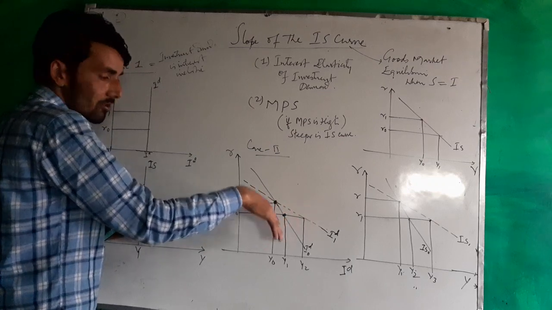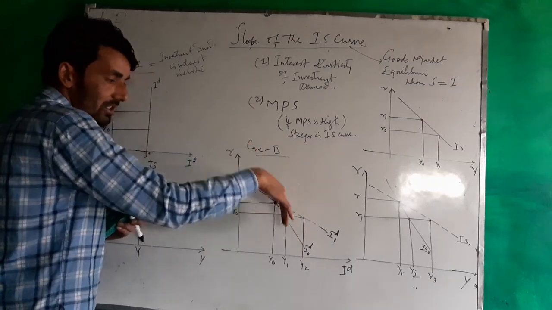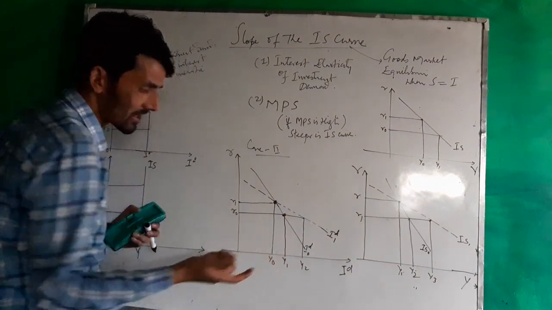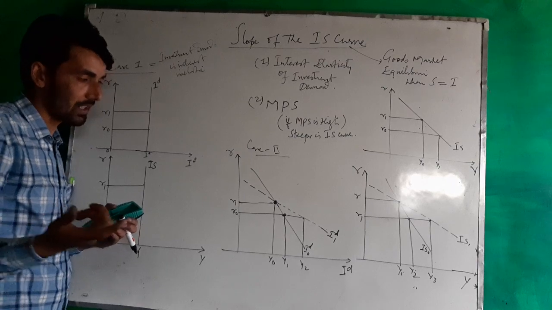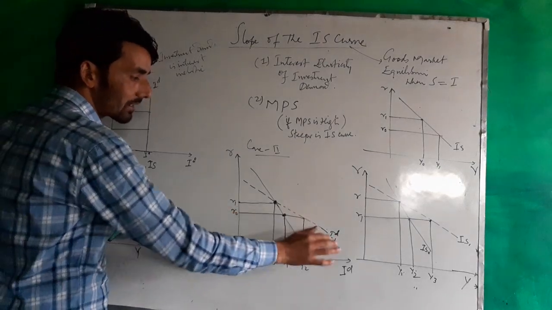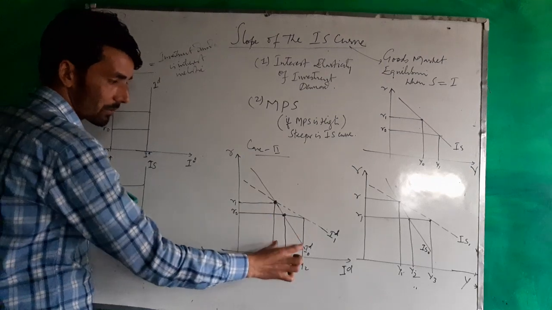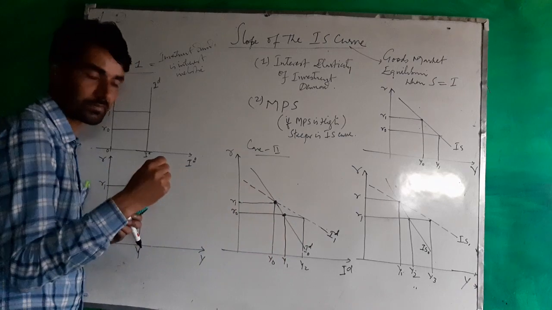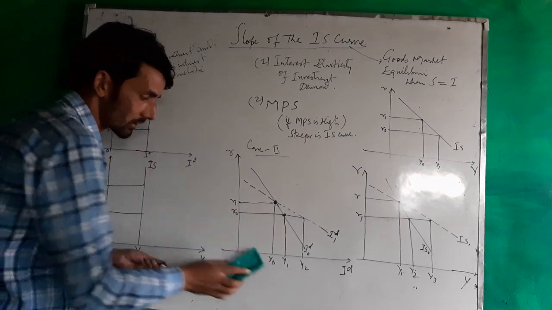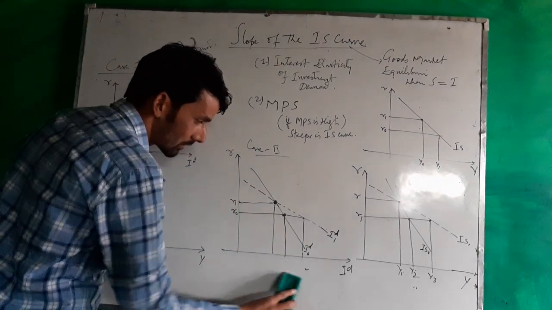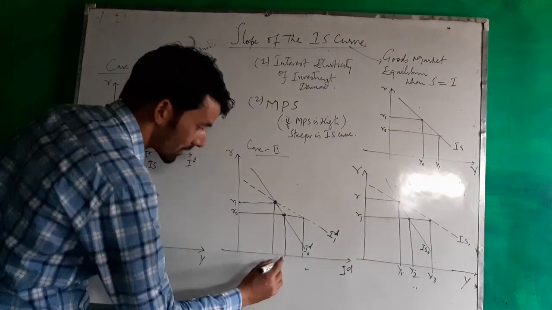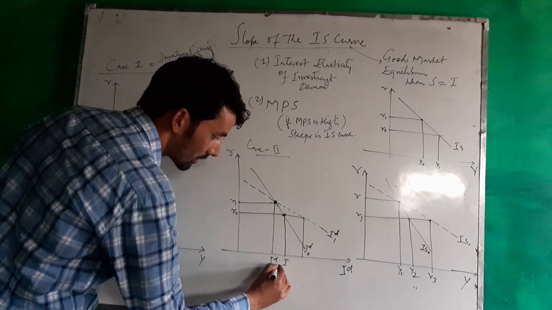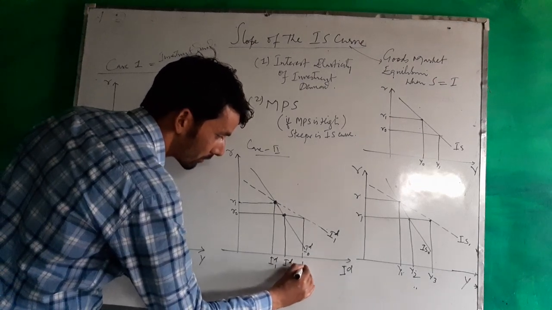So if the investment demand curve is steep, then a small change in the rate of interest will bring a small change in the output, and if it is flat, then a small change in the rate of interest will bring a big change in the output. Sorry, this is wrong here. Investment demand is here: ID 1, ID 2, ID 3.